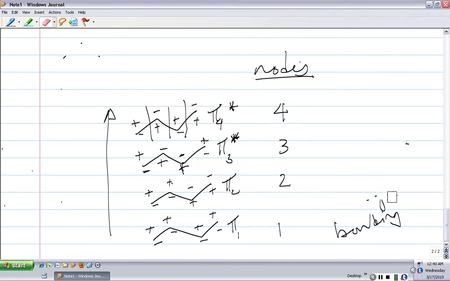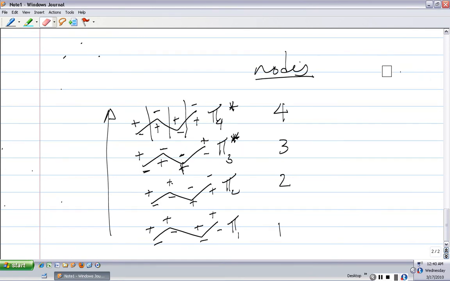As the number of nodes rises, the energy content rises. You'd have realized this already, because in a given basis set of orbitals, like the S and the P's, the S is nodeless, the P has a node, and d orbitals have more than one node. So in general, as the number of nodes increases, the energy content increases.